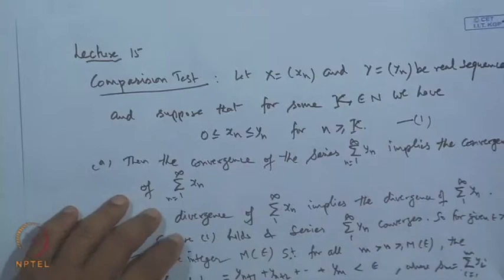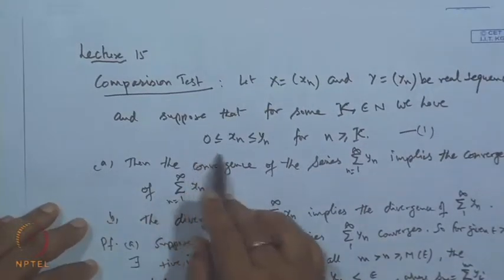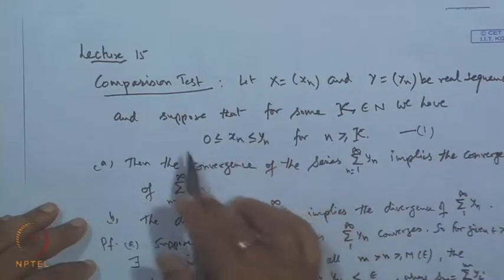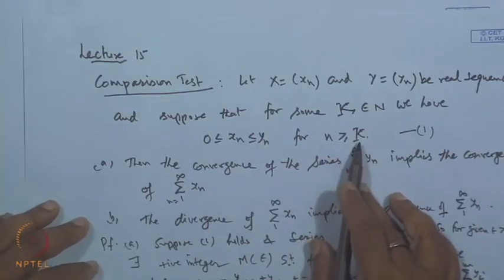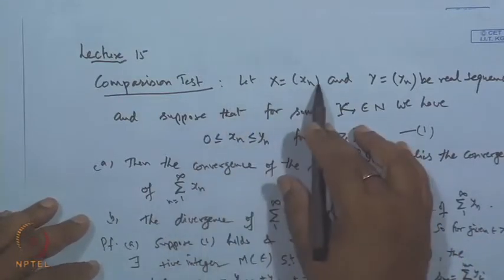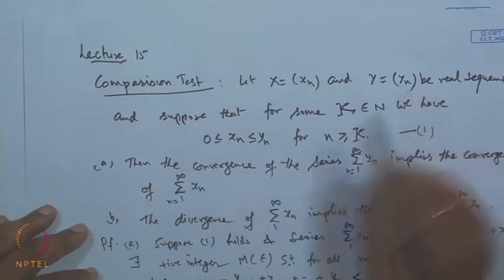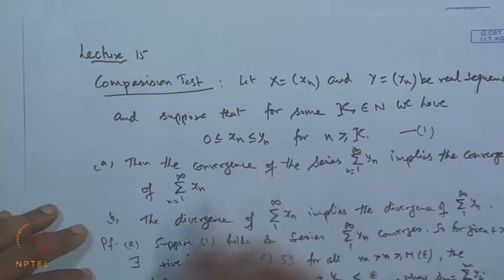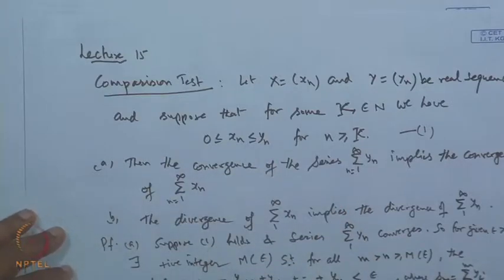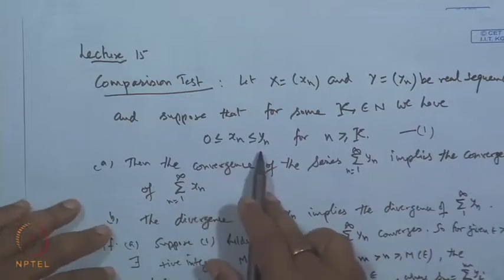Here, because it is very difficult to get this inequality, which is valid for all n after a certain stage. It is very difficult for two arbitrary sequences x_n and y_n. So, it is not always possible to get such an inequality. Therefore, this comparison test may not be very helpful unless you know this inequality.